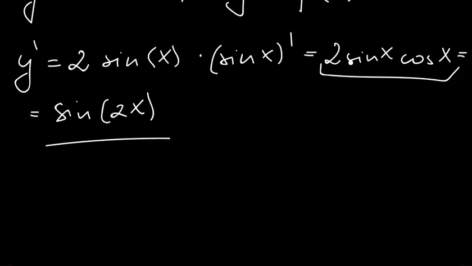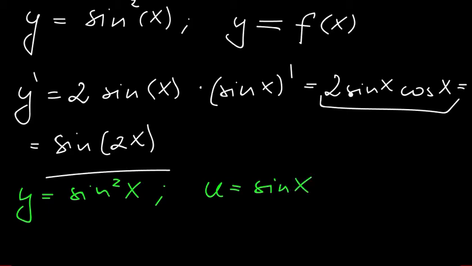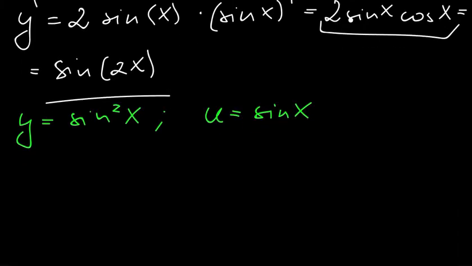Okay, for those for whom this wasn't clear, I'll write it one more time. You can calculate the derivative of this function like this. You can say that u is equal to sine of x. Now our function will be u squared.